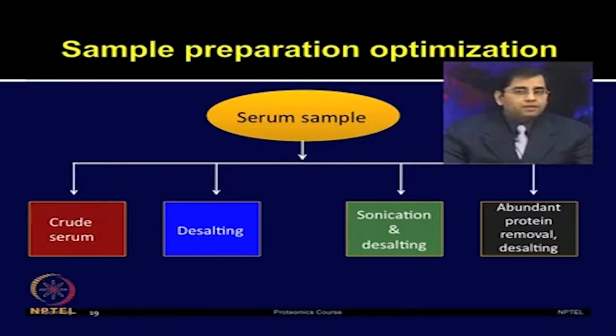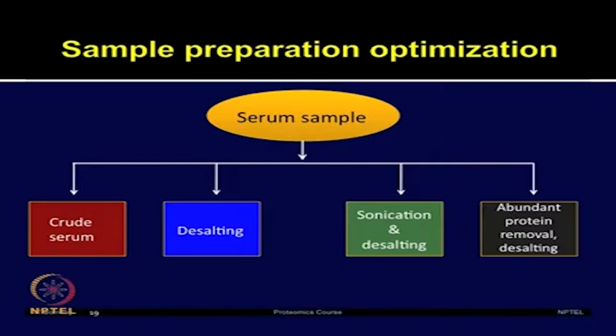Since serum contains highly abundant proteins, and these commercial columns which selectively deplete them are quite costly, considering the large number of patient samples you have to process, we thought, can we disrupt these abundant proteins and release the low abundant proteins from them by using sonication. So, the effect of sonication as well as desalting was also investigated, and then we also used commercial columns to remove the abundant proteins followed by the desalting step.